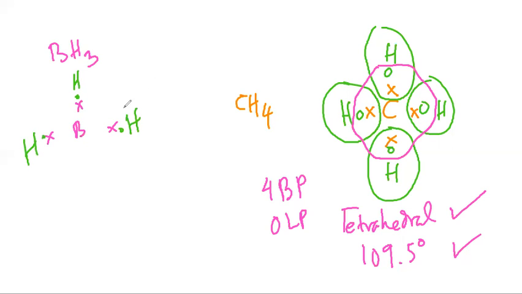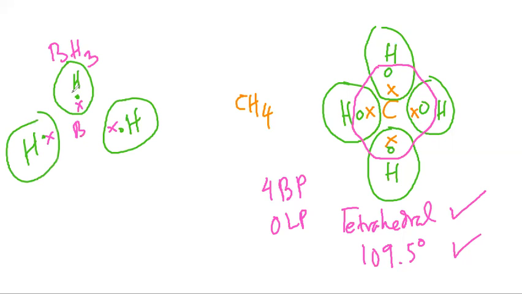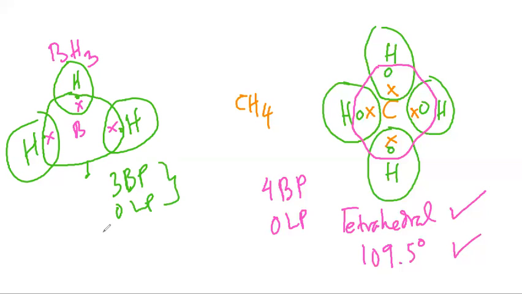So I have 1, 2, 3, and then here I have a 6. I have 3 bond pairs but no lone pair. So the shape for this molecule is trigonal planar, because you don't have a lone pair of electrons, and the bond angle for this molecule is 120.